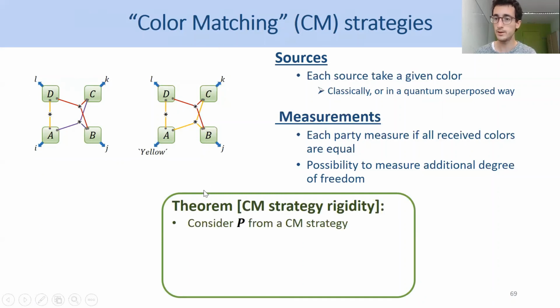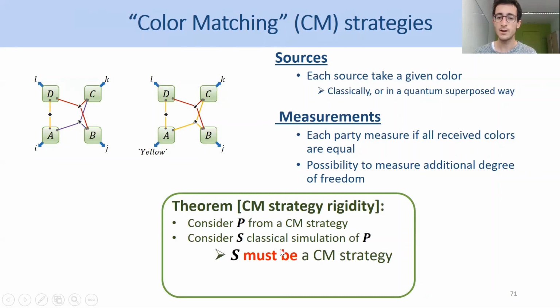And in this case, we were also able to find a rigidity result. It's the same. If you consider some probability distribution, correlations coming from a color matching strategy, and if you consider any classical simulation of this correlation, then this classical simulation must be a color matching strategy.